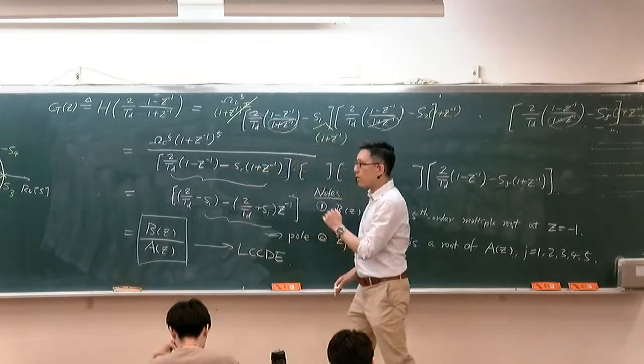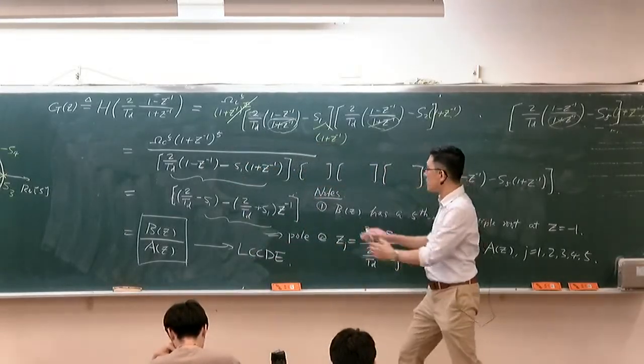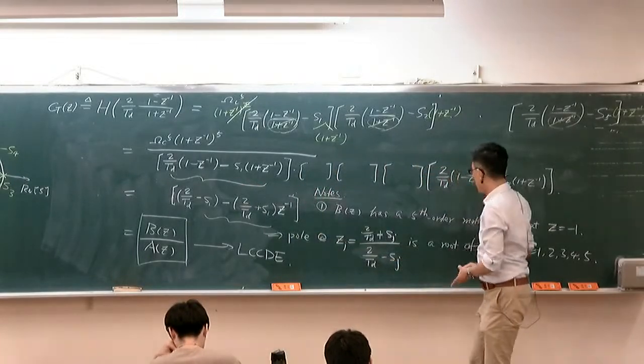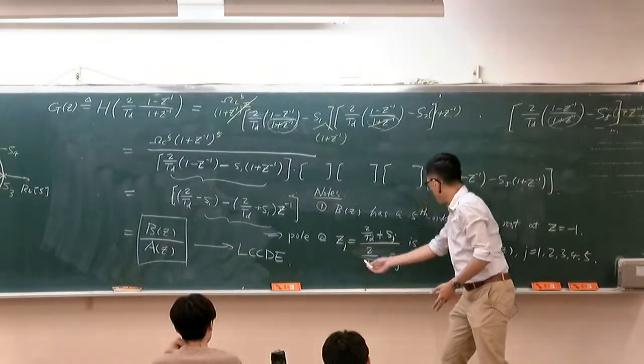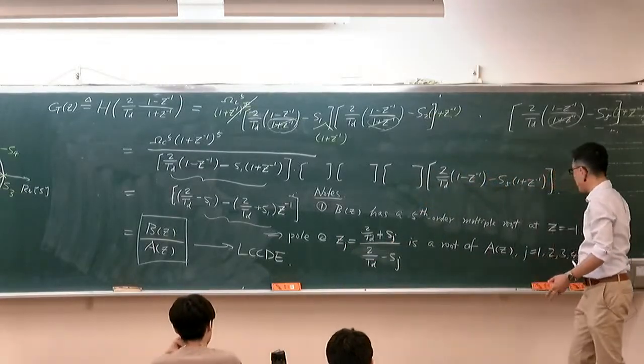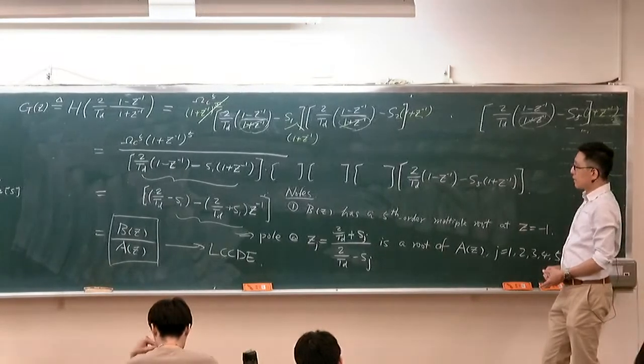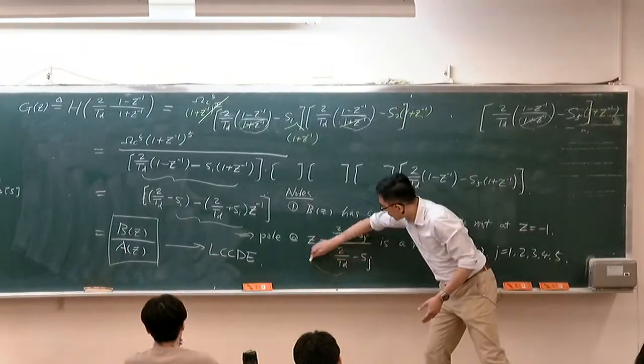The second observation is that each of these brackets contributes one pole to G of z, located at z_j, where j equals 1, 2, 3, 4, 5. And we'll get back to this.